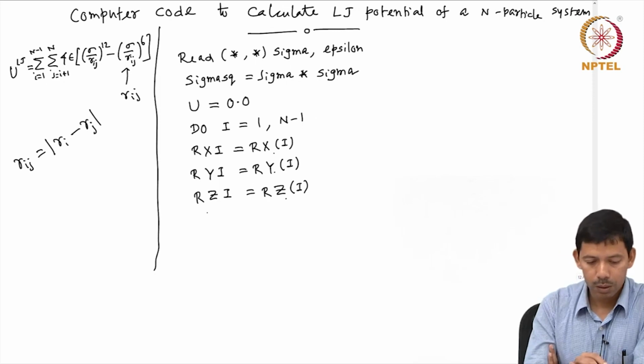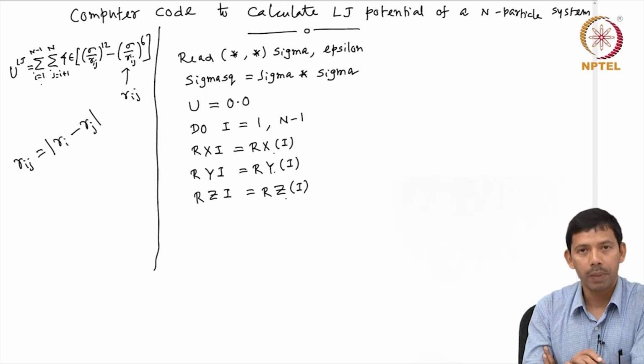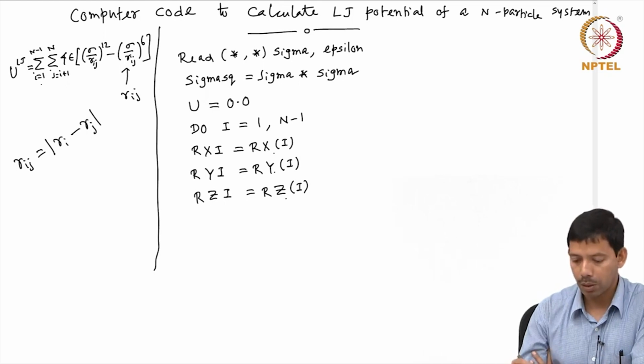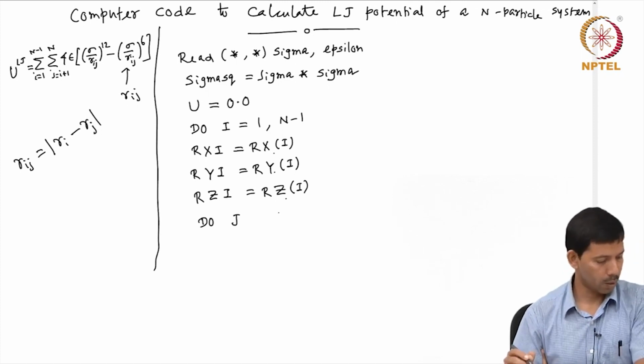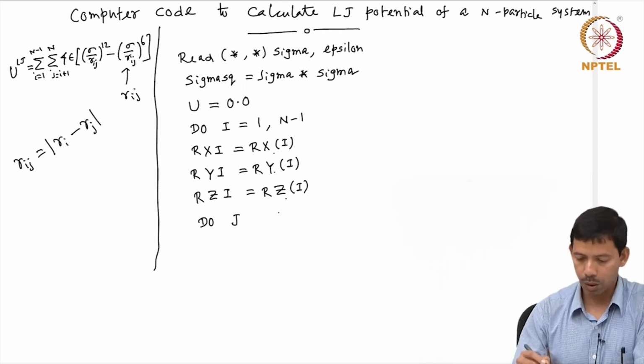Since I have to calculate the pair interactions, the interaction of i with j, inside this do loop I have another do loop which is j. I need to give a label number.